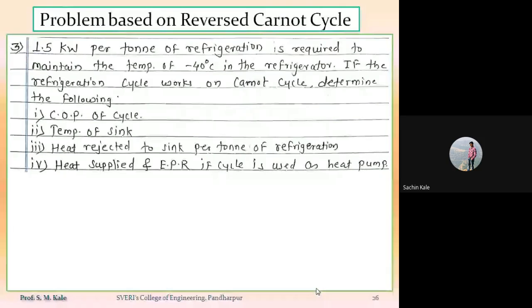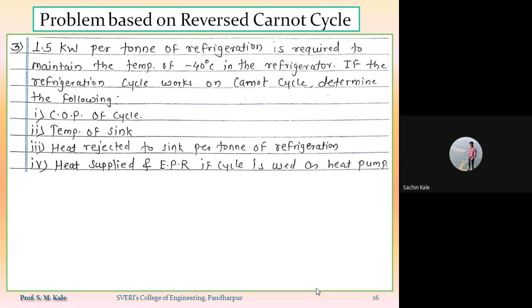So here, the first line is 1.5 kilowatt per ton of refrigeration. What is the meaning? If you understand this first sentence itself, you will be able to solve the problem.